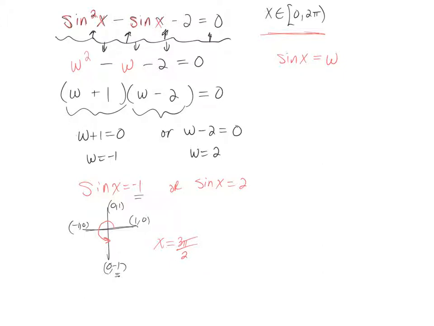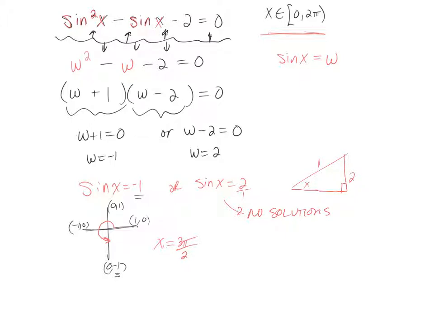So we can call that a victory, but then we come over to our other factor, the one that gave us w equals 2, or sine of x equals 2, and we think about where the sine is equal to 2. You can think real hard, but there are no solutions to this because there's no place where the sine of an angle would be 2. If you think of it as 2 over 1, to have an angle with a sine of 2, the opposite side would have to be 2 and the hypotenuse would be 1.